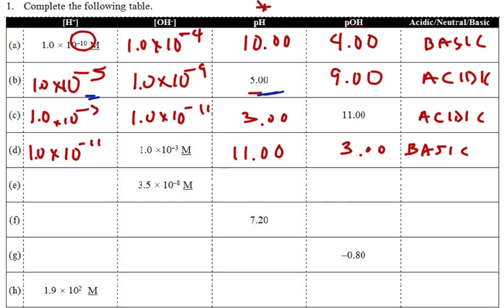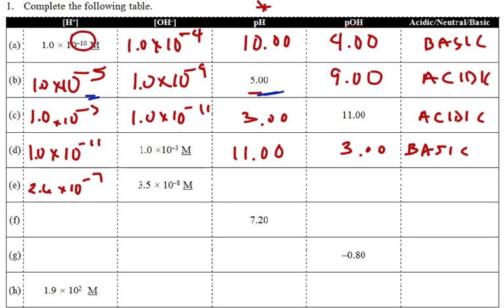Now for the other numbers here, we need to use our calculator. So I would start here and say, if I know my OH minus concentration is 3.5 times 10 to the minus 8, I'm just going to say 1 times 10 to the minus 14 divided by 3.5 times 10 to the minus 8, and I get an answer of 2.6 times 10 to the negative 7 using my calculator.